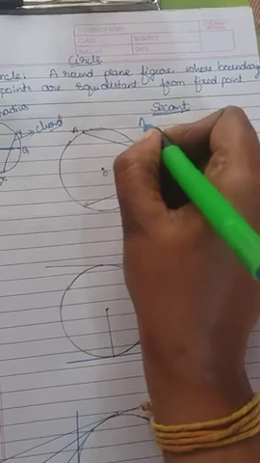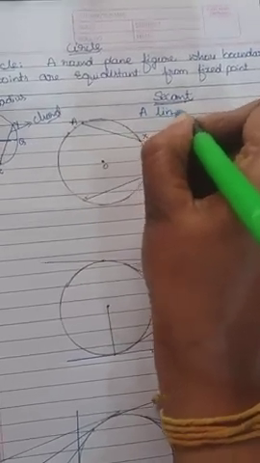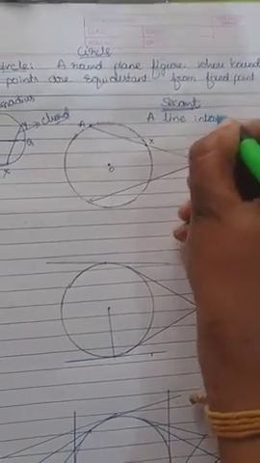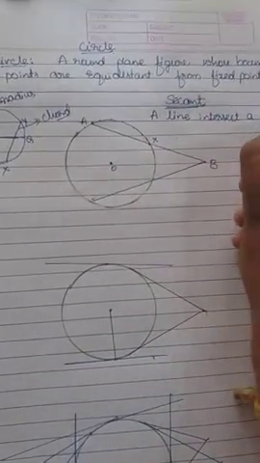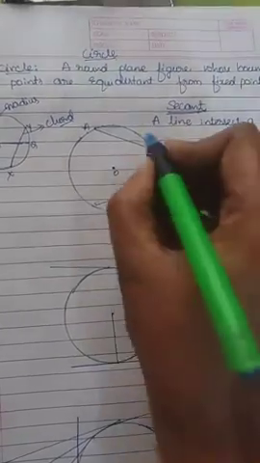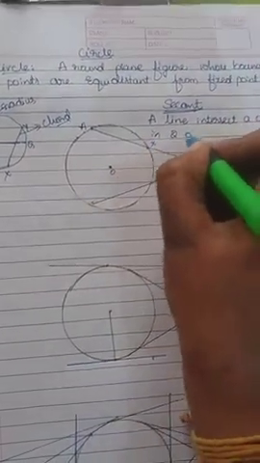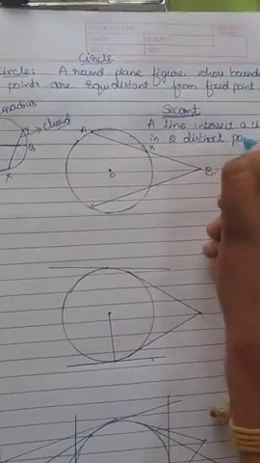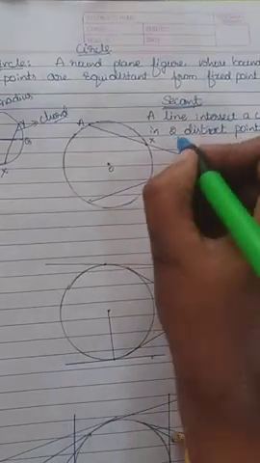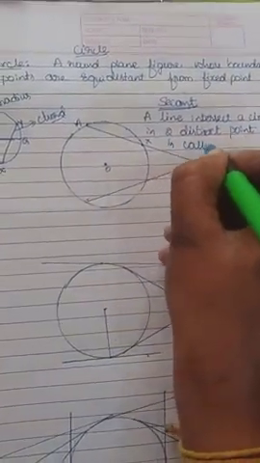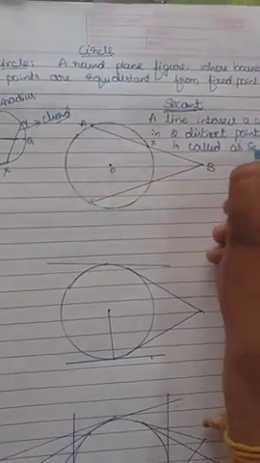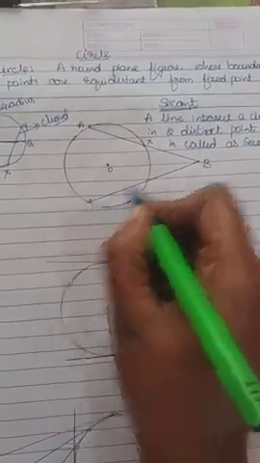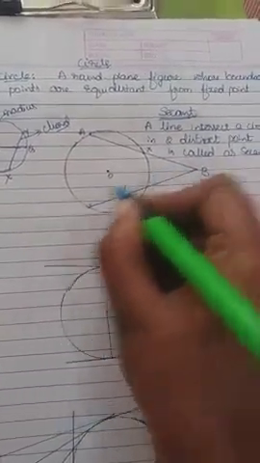Note down the definition of secant. A line that intersects the circle in two distinct points is called a secant. Like that we can also draw many secants to the circle.